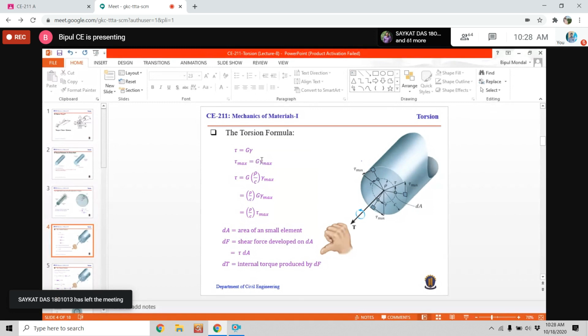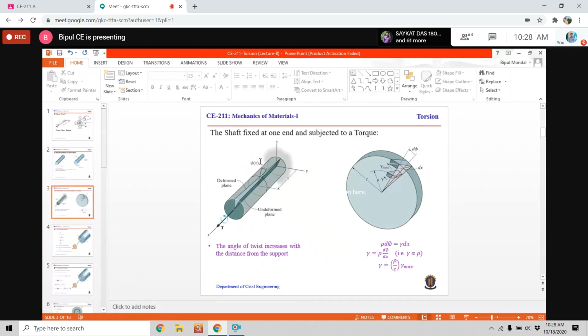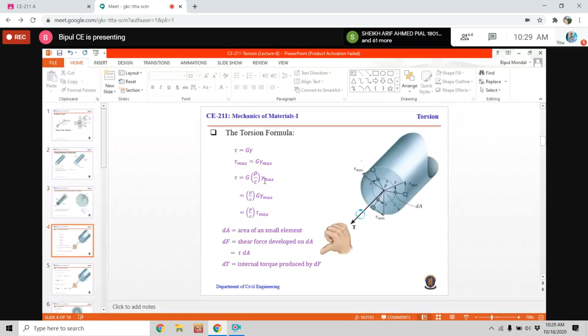From the previous slide we have the expression of gamma max, and if we substitute it in this equation and rearrange, ultimately shearing stress will be rho by c times the maximum shearing stress.